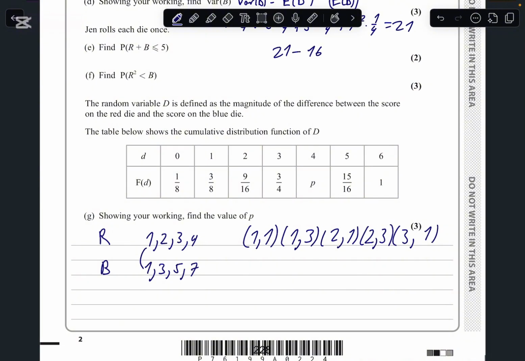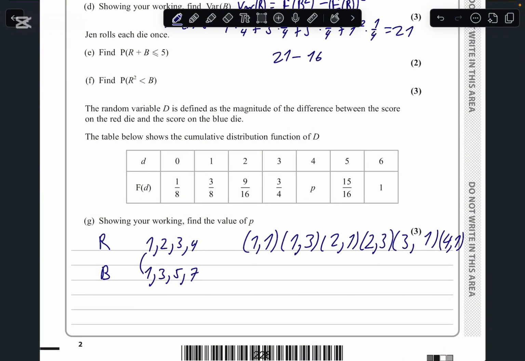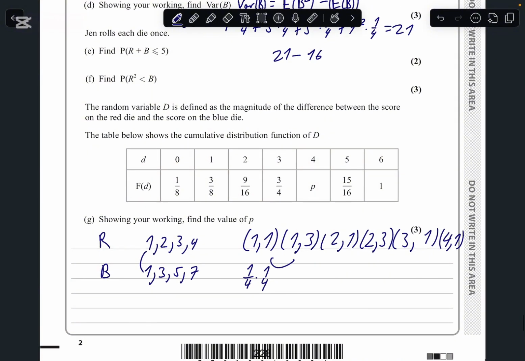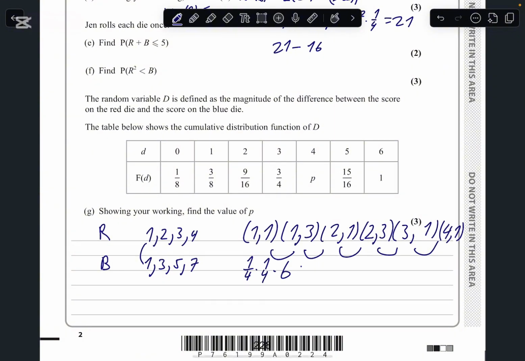And 4 and 1 is valid. So we've got 6 valid cases where each case has the same probability of happening. So this is 1/4 times 1/4, and all that 6 times because we've got 6 different cases. That gives us an answer of 3/8.